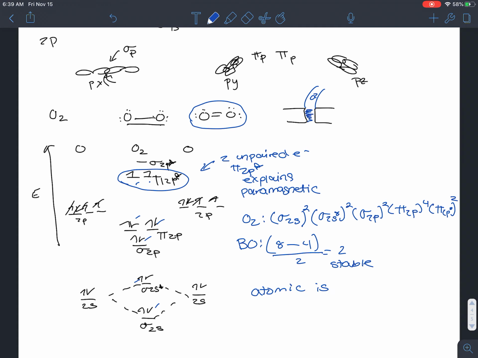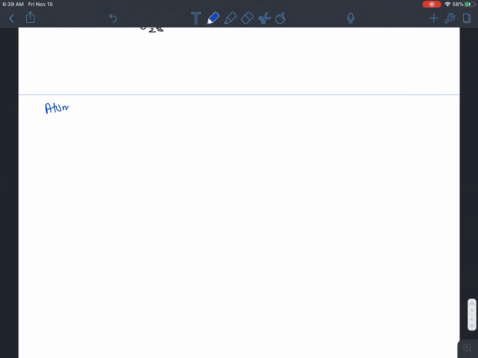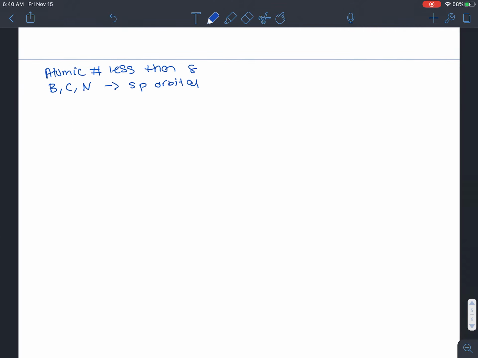So we have the sigma before the pi when atomic number is greater than 8, because they don't have sp orbital mixing. So when you have atomic number less than 8, for example, boron, carbon, nitrogen, there's sp orbital mixing, which rearranges the sigma and the pi.